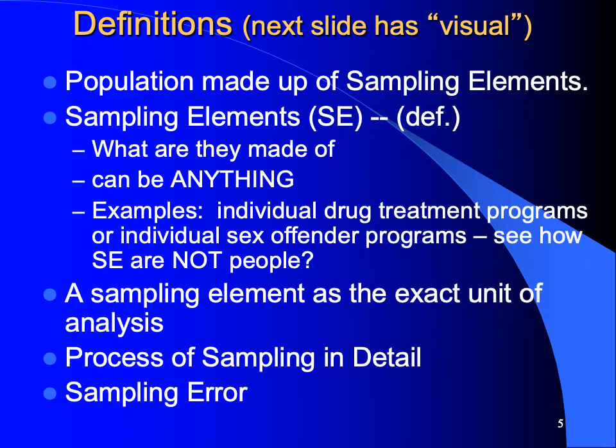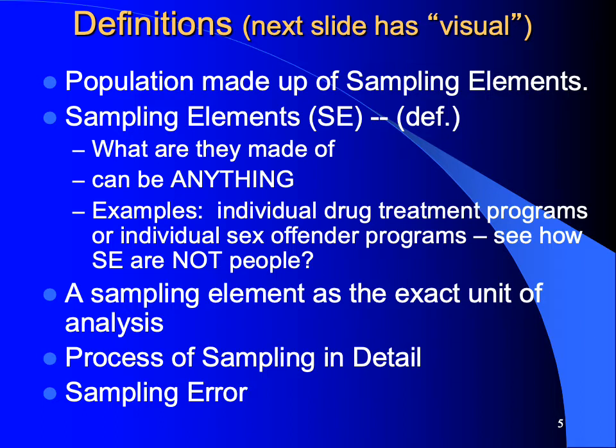What if you wanted to figure out what kinds of therapeutic programs are effective for sex offenders? Okay, you would not study individual sex offenders because you're not interested in that. What you're interested in is which programs as a group are more effective in treating sex offenders. So in that case, you see how your sampling elements, if your study was about studying programs, you would study actual programs, not individual people. Maybe you were interested in studying individual prisons, something like that. Okay.